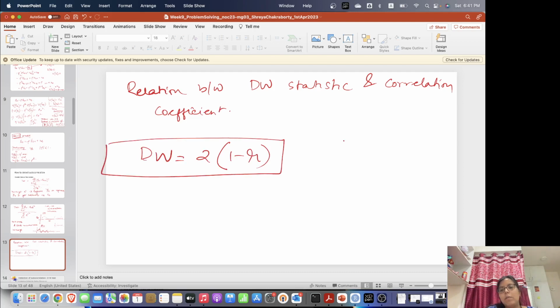So if r is 0, meaning no autocorrelation, then we would have our d value close to 2.